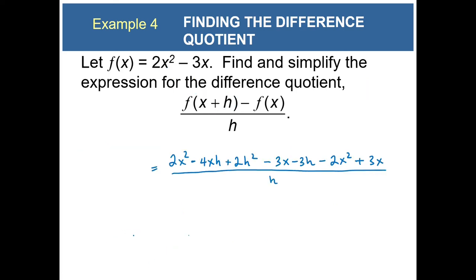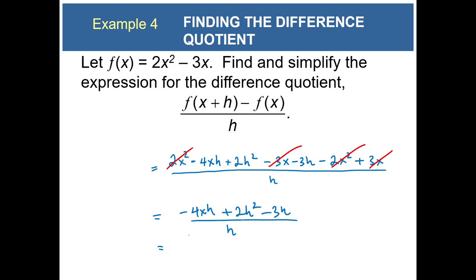We can simplify the numerator now. Negative 2x squared cancels out with 2x squared. 3x cancels out with negative 3x. This gives us 4xh plus 2h squared minus 3h divided by h.